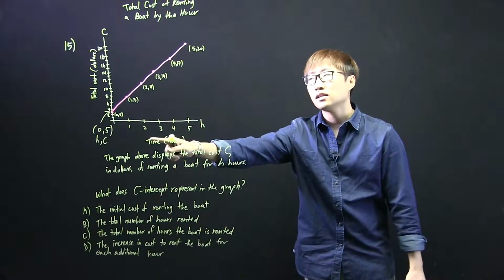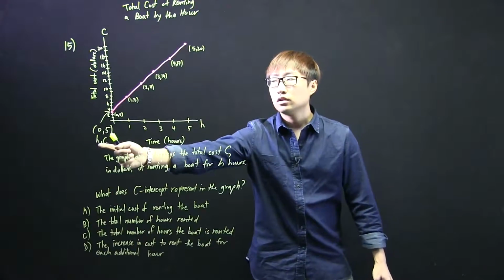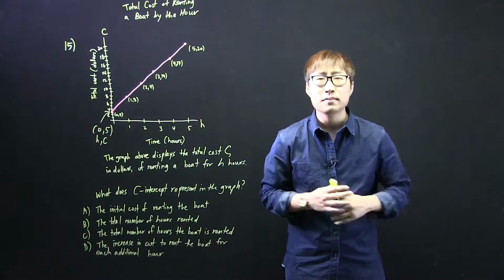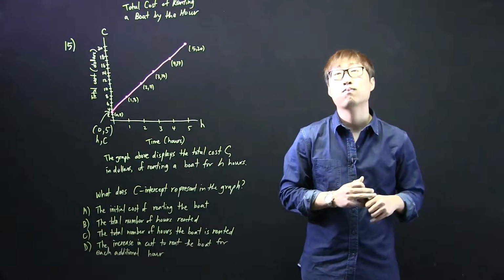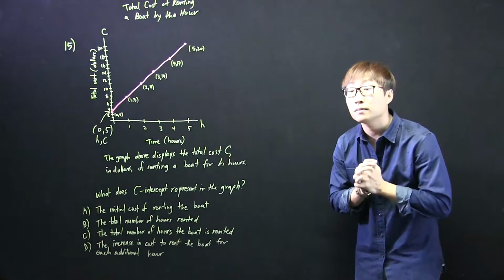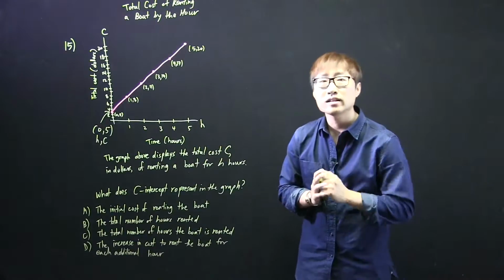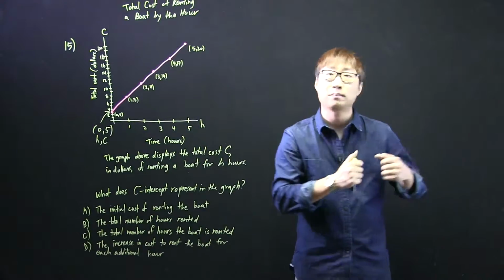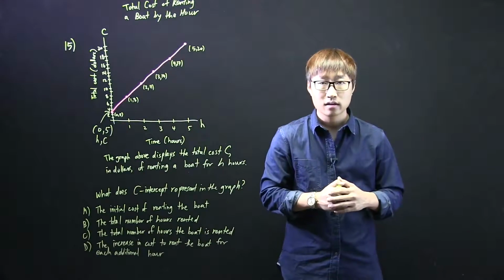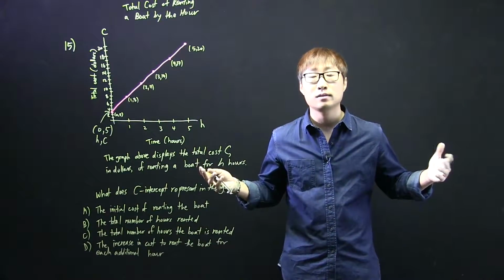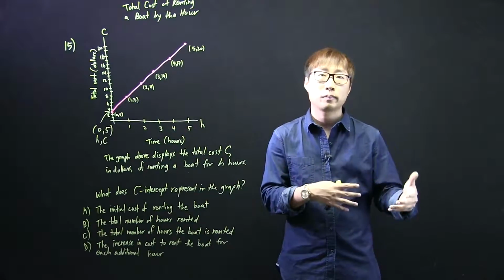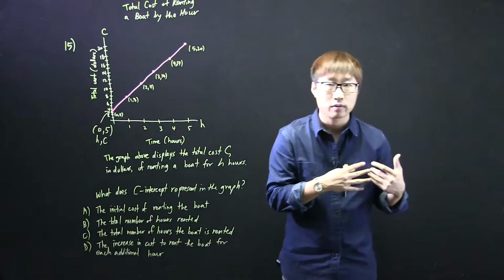But this is saying, riding 0 hours, you still have to pay $5. What does that mean, logically speaking? Probably the rental cost, the cost just to get the boat to rent it out. I haven't even used it, but still I have to pay $5. That probably is the cost that I have to pay to rent the equipment.